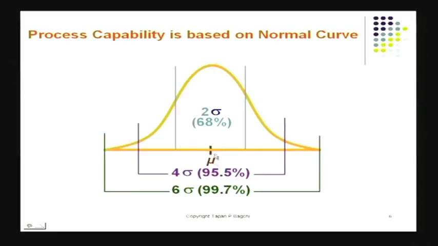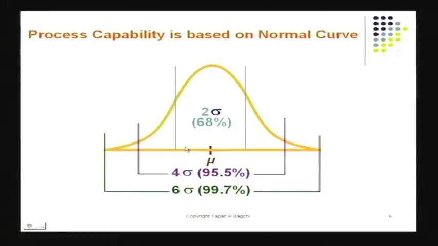If I go 1 sigma beyond mu, this point is now going to be mu plus 1 sigma. And this point is going to be mu minus 1 sigma. The distance between these two is 2 sigma. And that covers approximately 68% of production if your output is normally distributed. Within plus sigma and minus sigma, you'll have 68% of production.